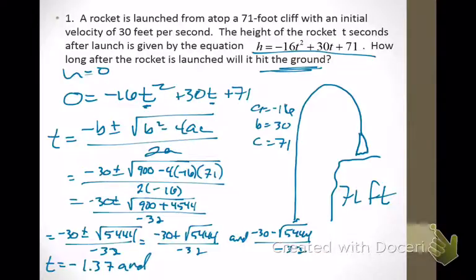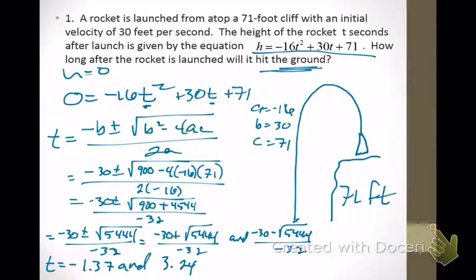The other one, so we go negative 30 minus the square root of 5,444 divided by negative 32, and we get 3.24.